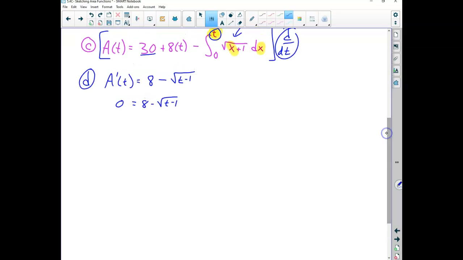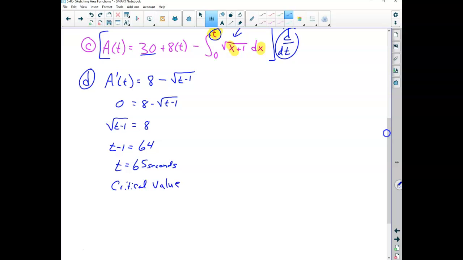At least I think this is going to be a non-calculator problem all the way through, because what we would do is we'd say, oh, this is tough. The square root of t plus 1 equals 8. I'm going to square both sides. t plus 1, 8 times 8 is 64. That means when t equals 63, okay, we are going to have a critical value, right?